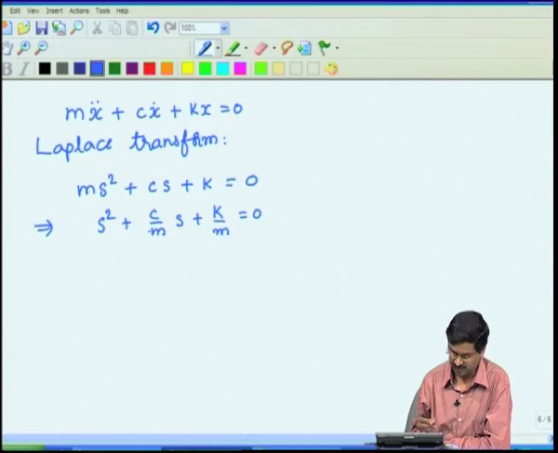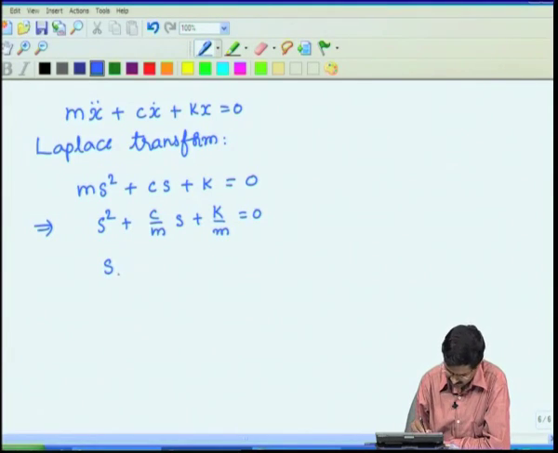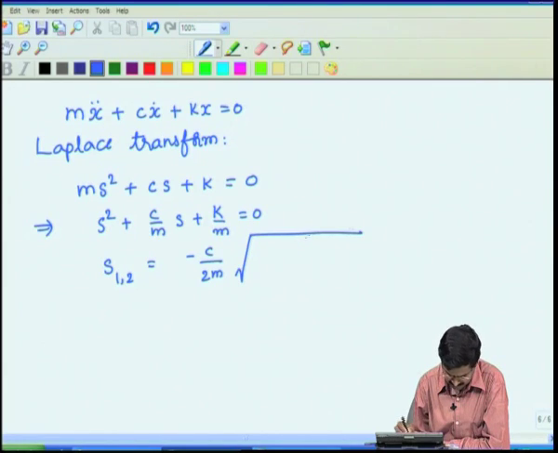This is a quadratic equation. Then there are two roots for it, S1, S2, which will be minus c by 2m plus or minus square root of c by 2m square minus k over m.